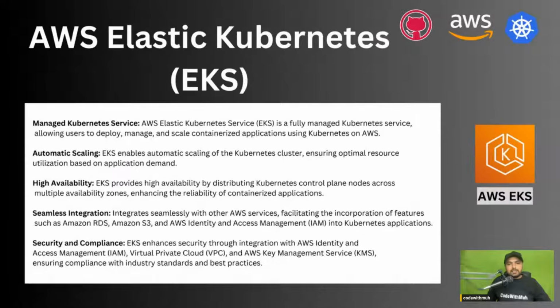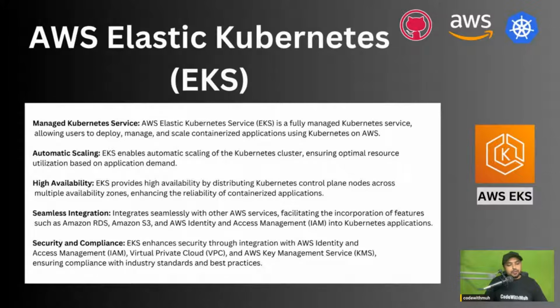Okay. Next, we have EKS. What is EKS? Why are we going to use EKS? It is a managed Kubernetes cluster service. AWS provides this service because it allows us to deploy and scale our containerized application on Kubernetes.